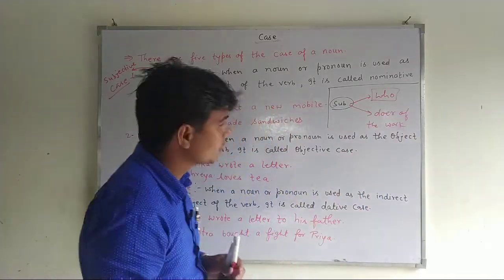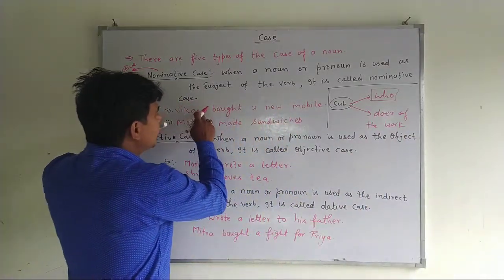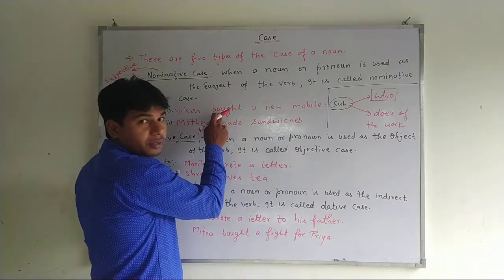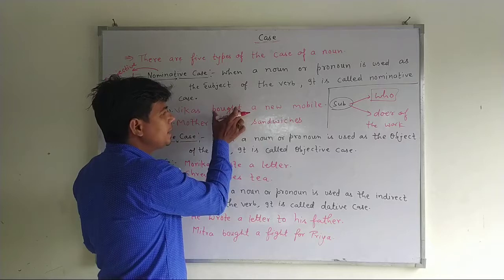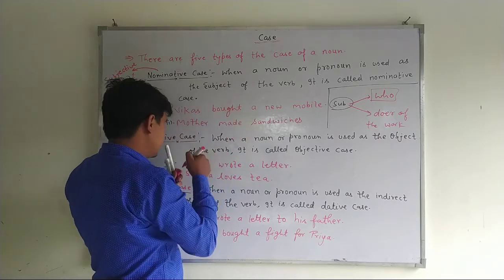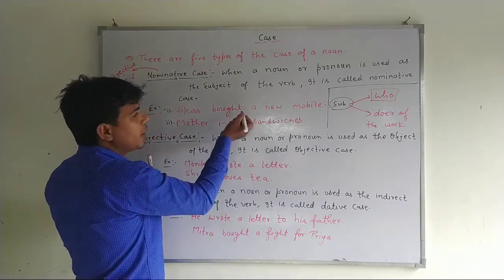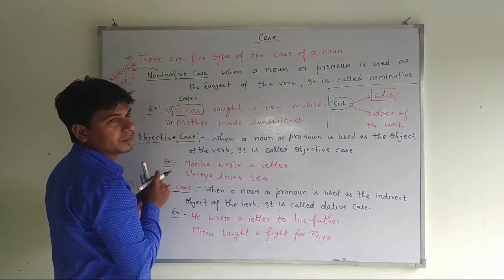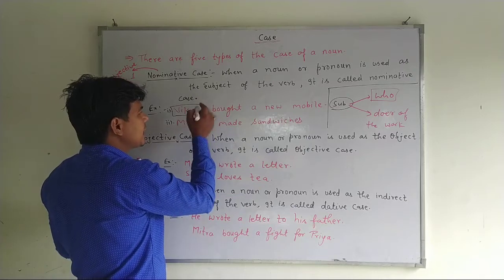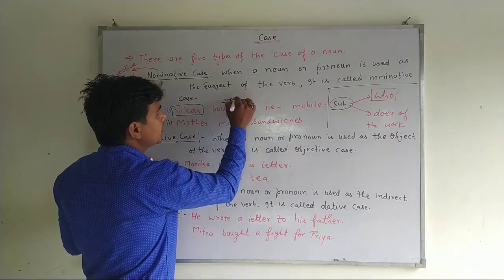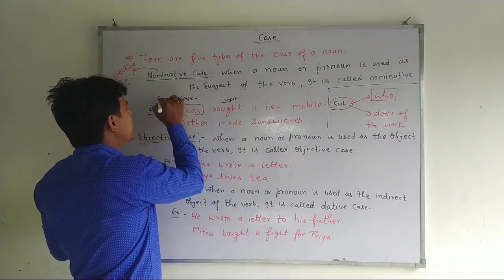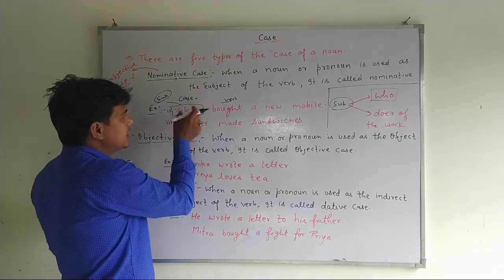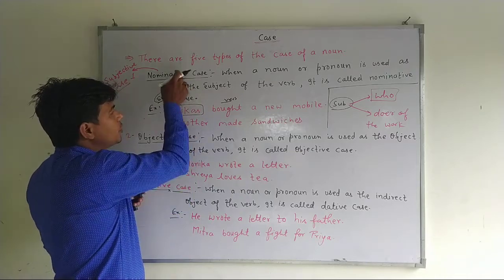In that sentence, what action has been done? That is bought. And who is the performer of that action? Who bought a new mobile? We get the answer, Vikas bought a new mobile. So bought is the verb, and Vikas is the subject. This is a noun and this is the subjective case or nominative case.